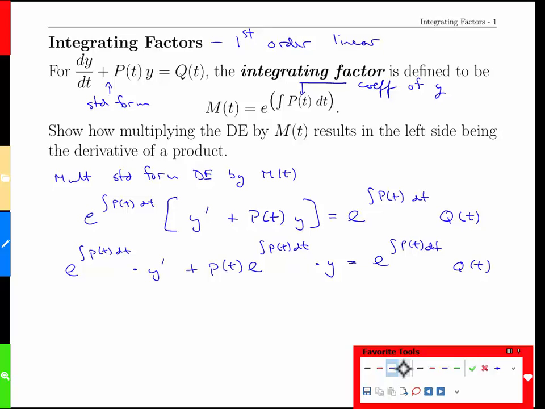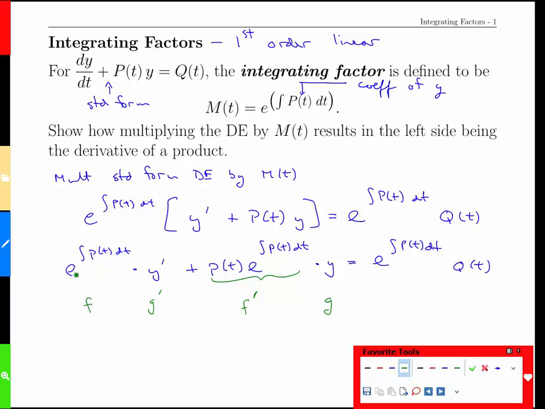But if we look through the lens of the product rule, what we see is, let's call it g prime, and let's call this f. And if we call this g, then if we look carefully at this whole term here is f prime.